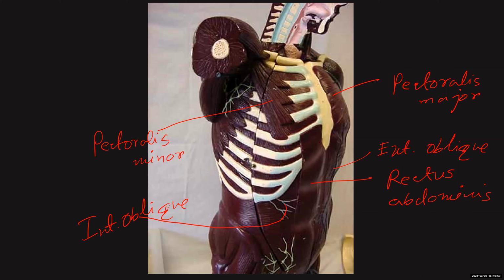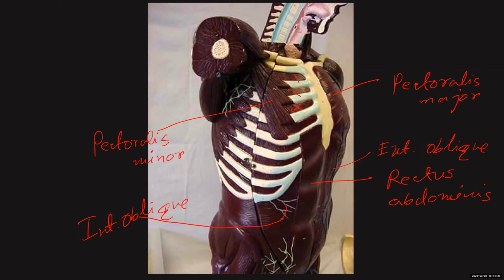So basically, you are looking at the lateral aspect of the body. If you pay attention here, you can see that between the ribs, we have two sets of muscle, external intercostal and internal intercostal. External intercostals are slightly superficial, and internal intercostals are deeper. So I'm just going to draw this here.